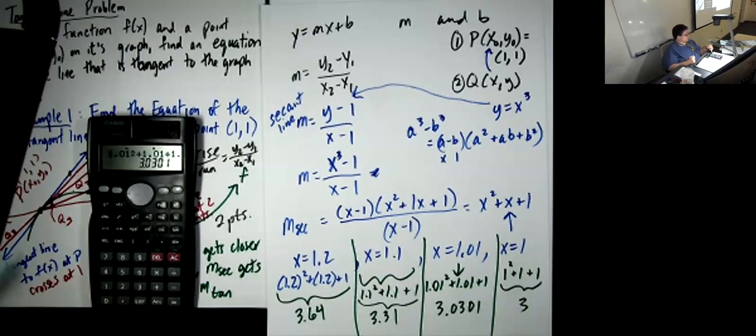The way I drew the picture, we had Q on the right. But Q doesn't have to be on the right. We could have done Q on the left.